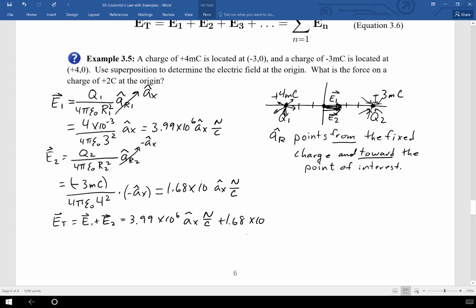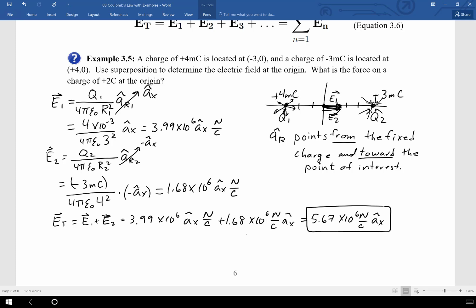I'm used to these numbers being so big. That's 10 to the 6th newtons per coulomb in the a sub x direction. And this then works out to be 5.67 times 10 to the 6th newtons per coulomb in the a sub x direction. And the math did in fact work out so that the two electric fields are both pointing toward the right and the total electric field is pointing to the right.